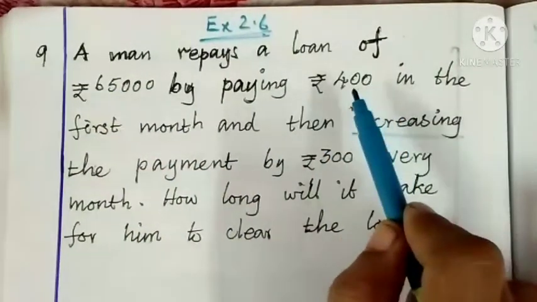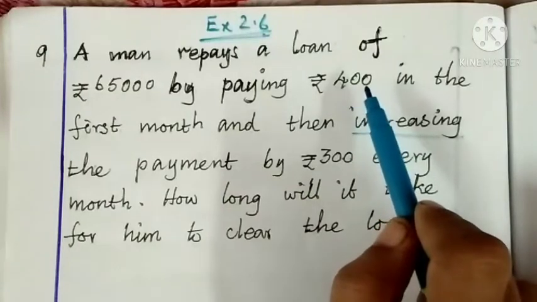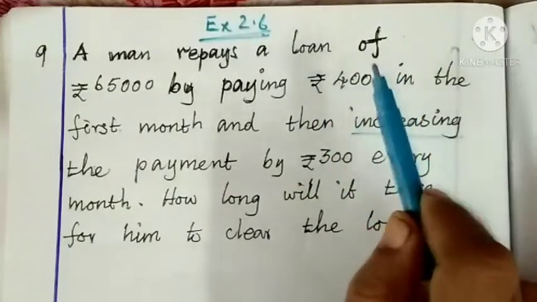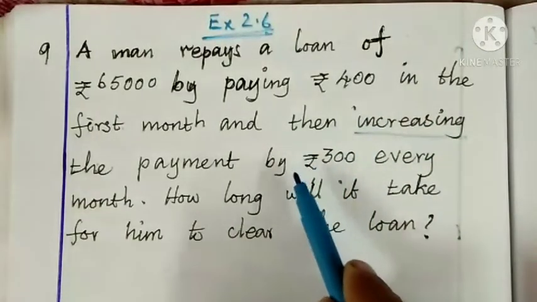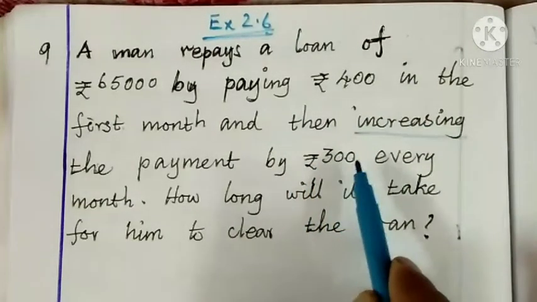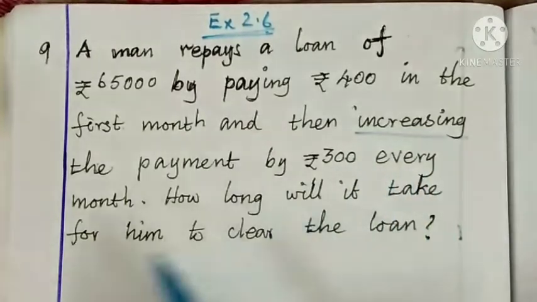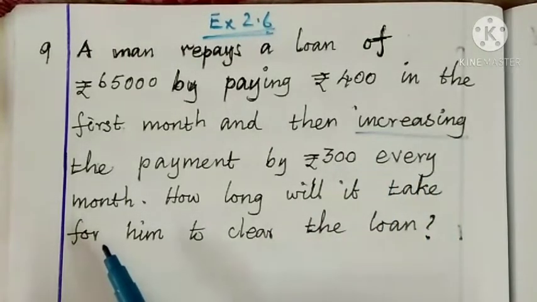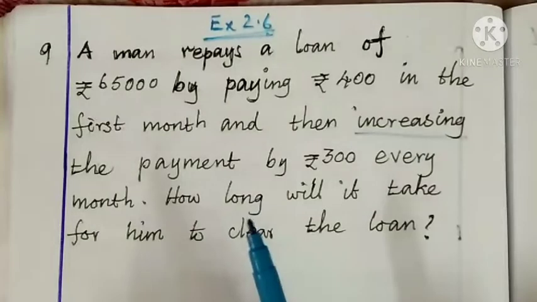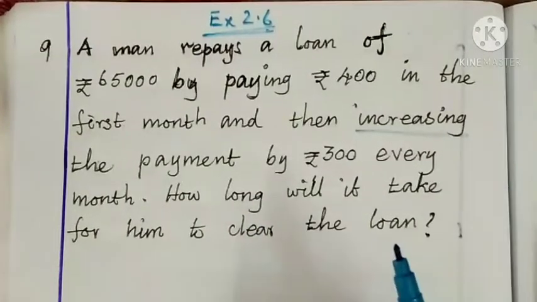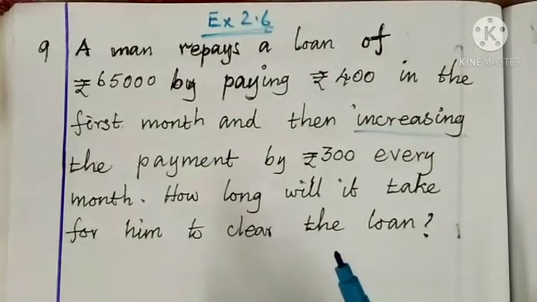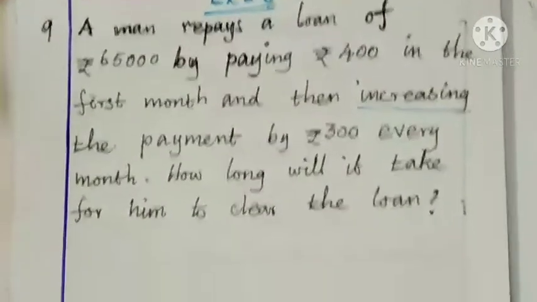Then first month amount is the first term, that is rupees 400, and increasing amount, that is common difference, d is equal to rupees 300. Here we have to find the value of n, that is, the number of months to clear the loan amount, that is value of n. Let us do the solution.